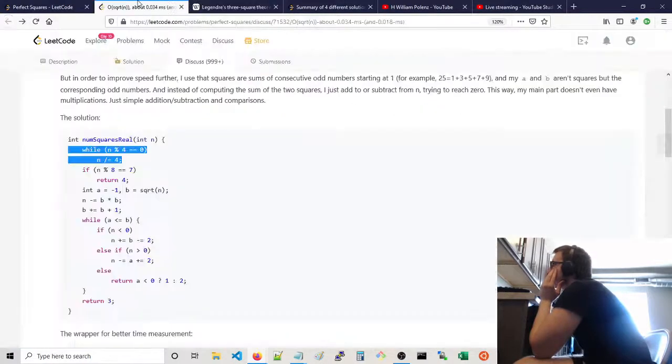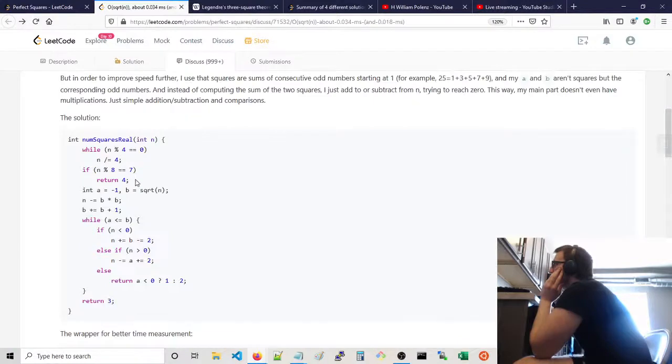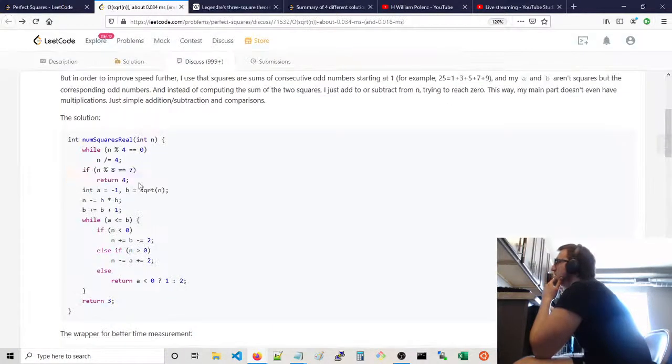Okay, so if it's basically some power of 4, you're going to divide by 4 repeatedly, and then check if this remaining piece is... you basically check if n is of this form.